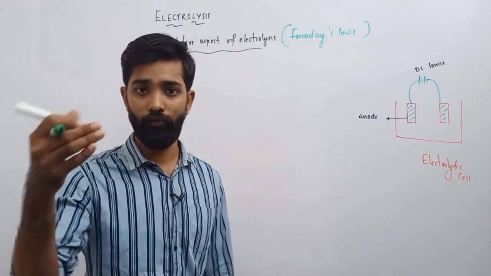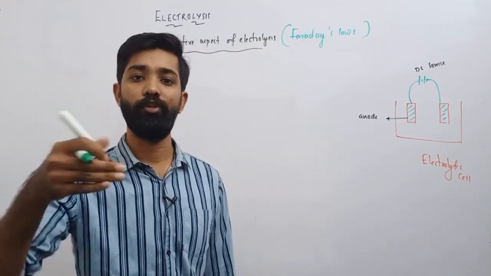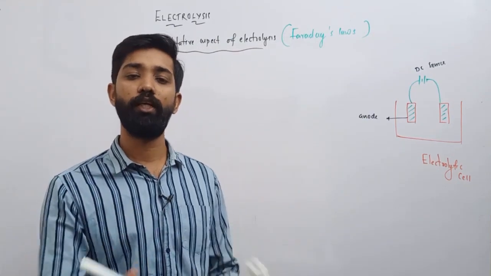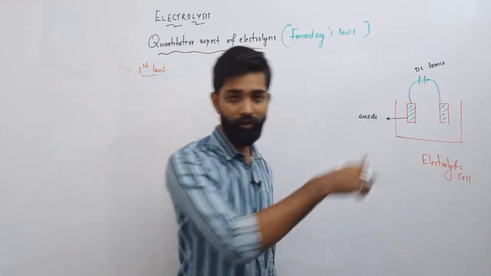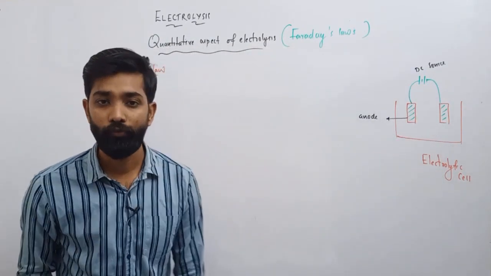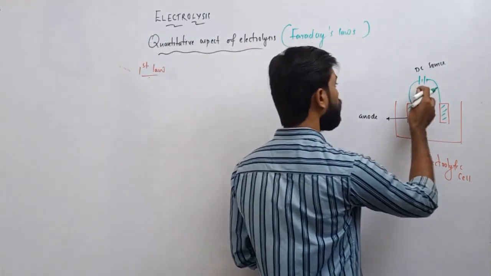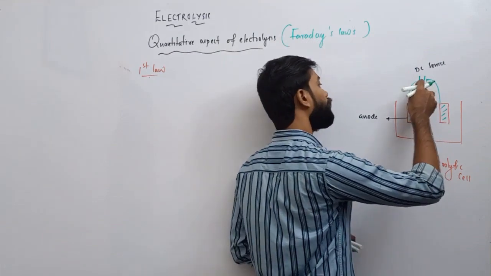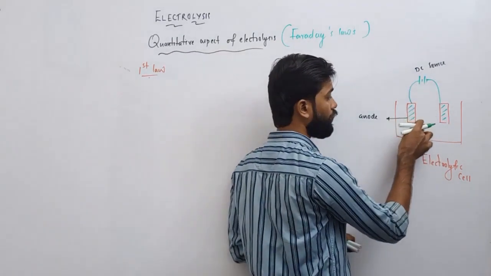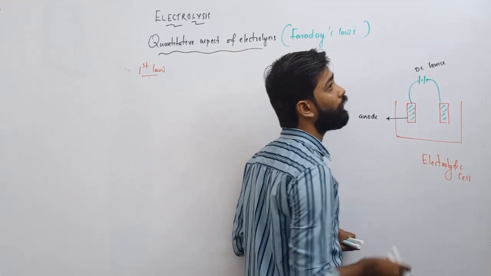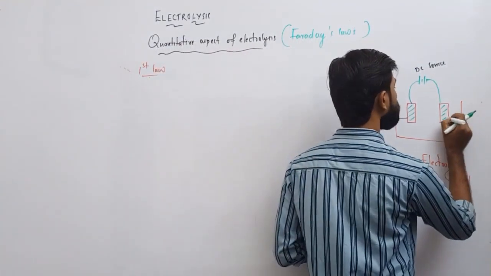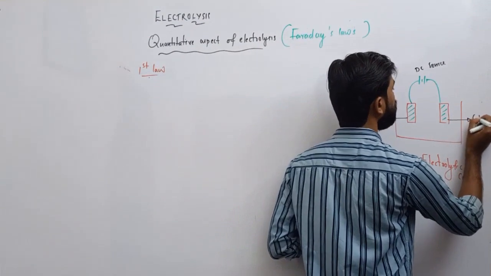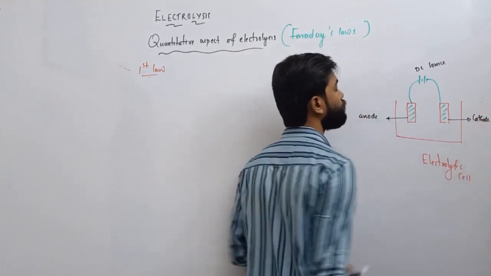We know that it requires electricity first, then only the chemical decomposition takes place. So this is the source responsible for the supply of current. The other electrode automatically will be the cathode.